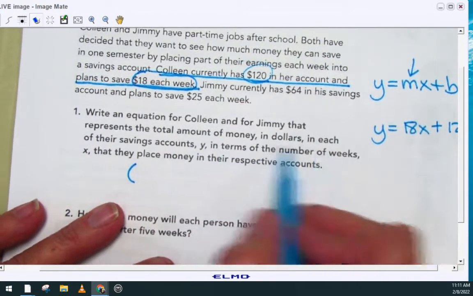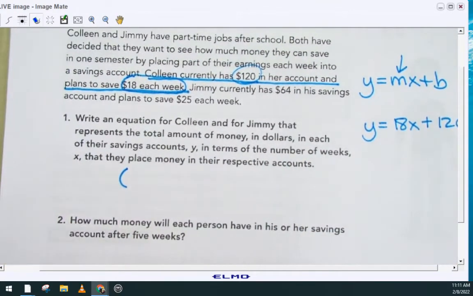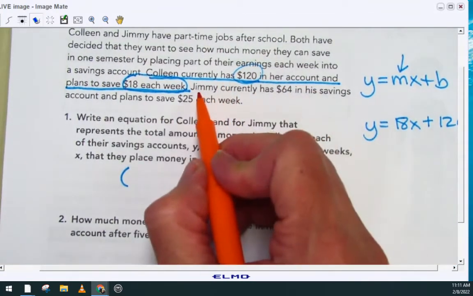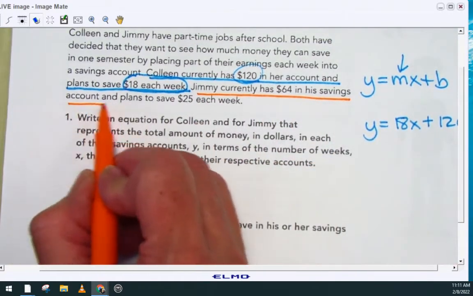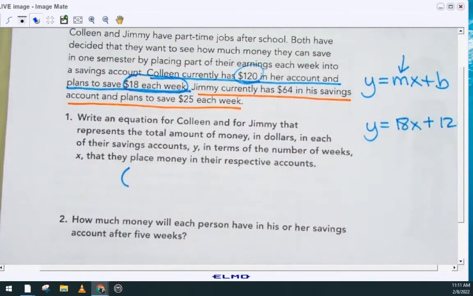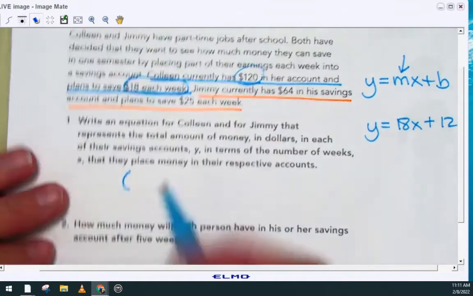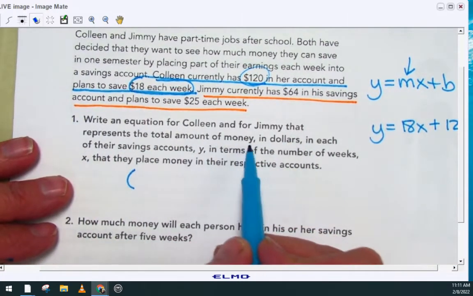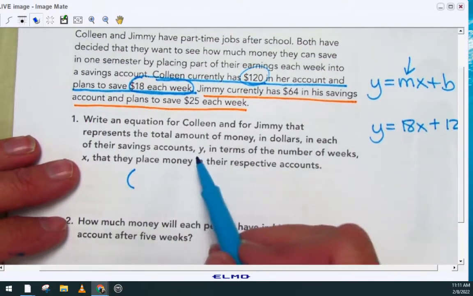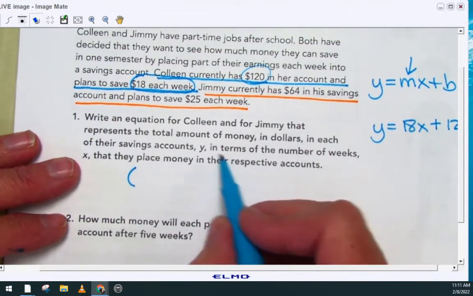Okay. I didn't read the actual next question, so we'll go to that in just a second after I read this. Jimmy currently has $64 in his savings account and plans to save $25 each week. Okay, so it says write an equation for Colleen and Jimmy that represents the total money in dollars in each week.